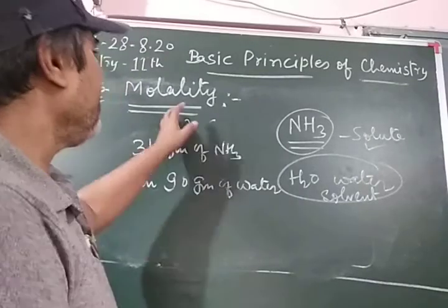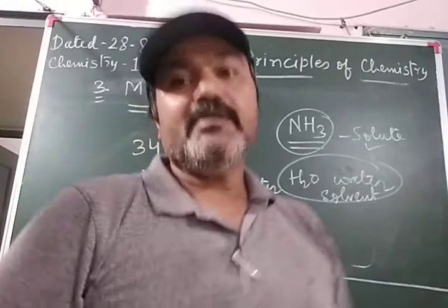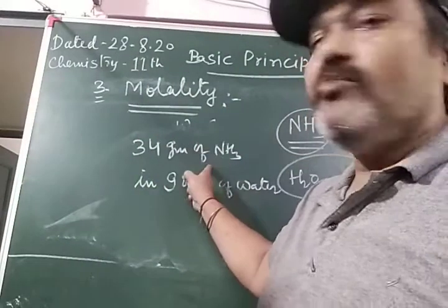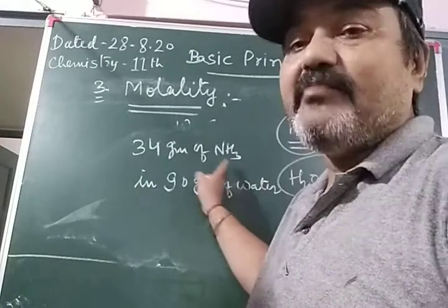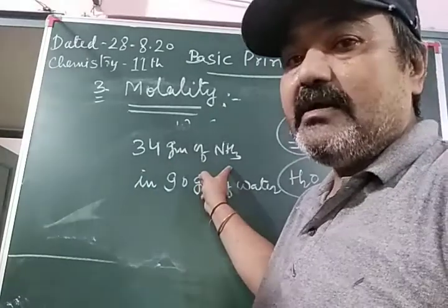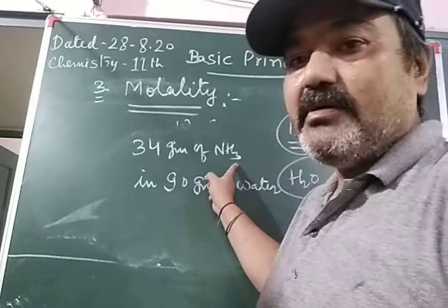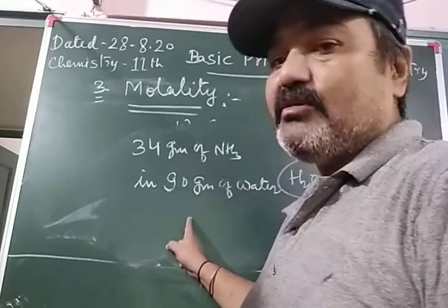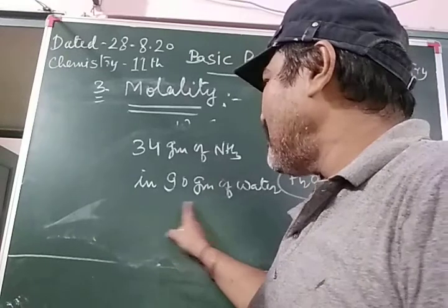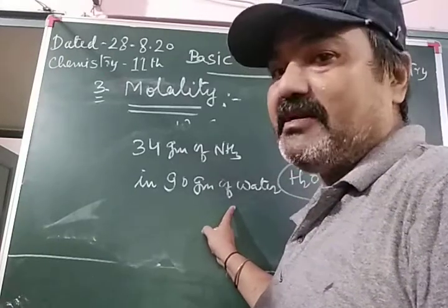And according to definition, we very well know the number of moles of solute. Here solute is ammonia. So first we have to find out the number of moles of ammonia. Then this will be divided by the mass of the solvent. Here the mass of the solvent is given in grams.